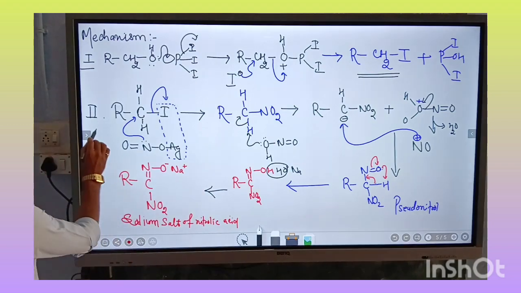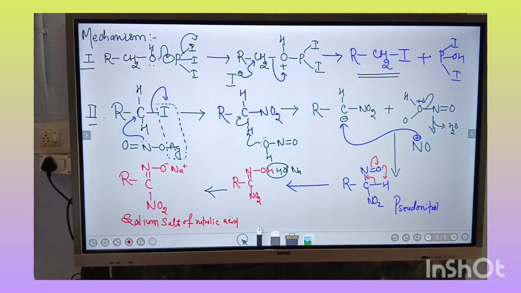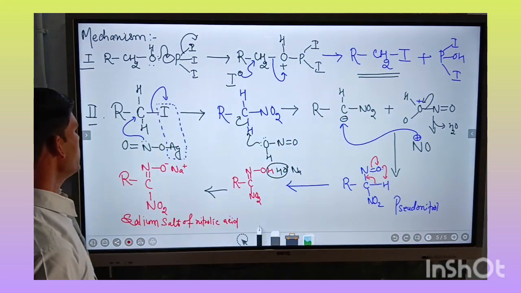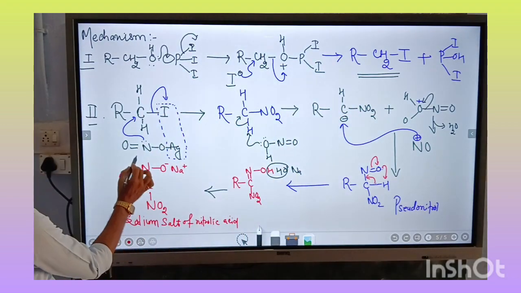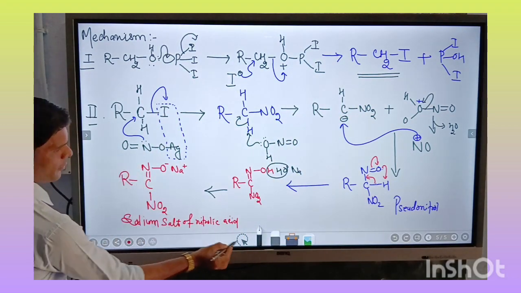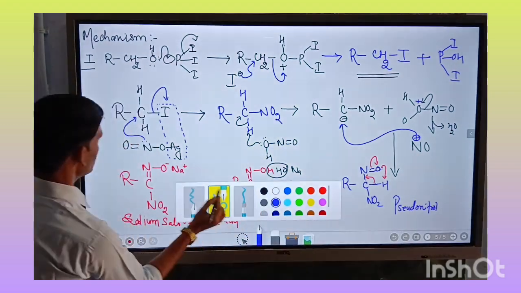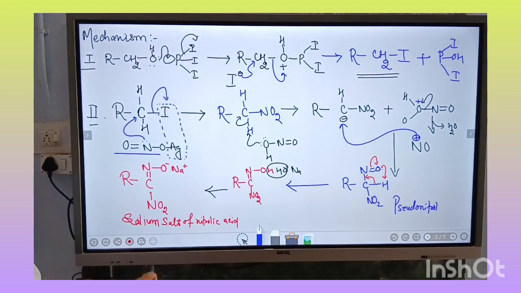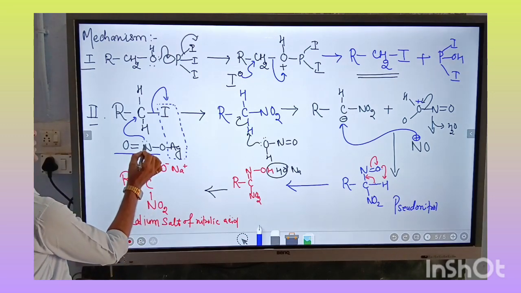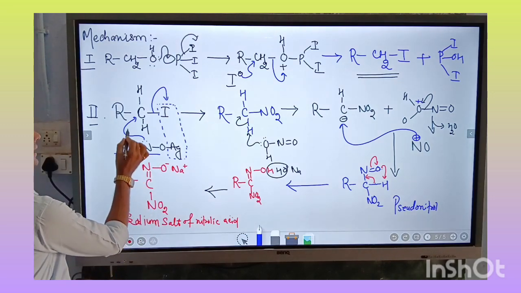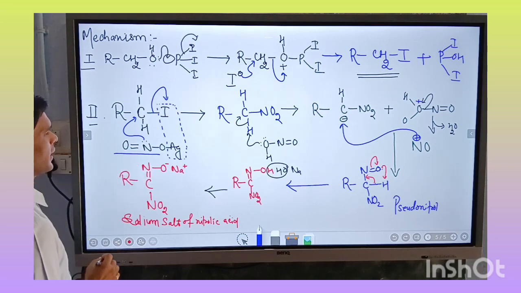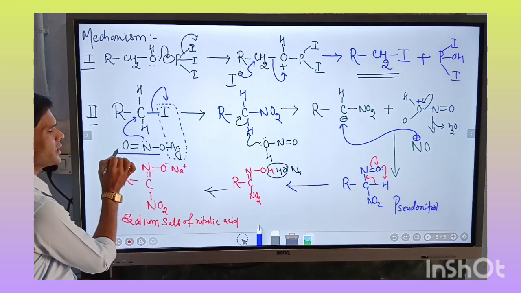Now in the second step, the iodoalkane that we obtained in the first step reacts with silver nitrite. Here nitrogen attacks the carbon atom because nitrogen is less electronegative than oxygen.